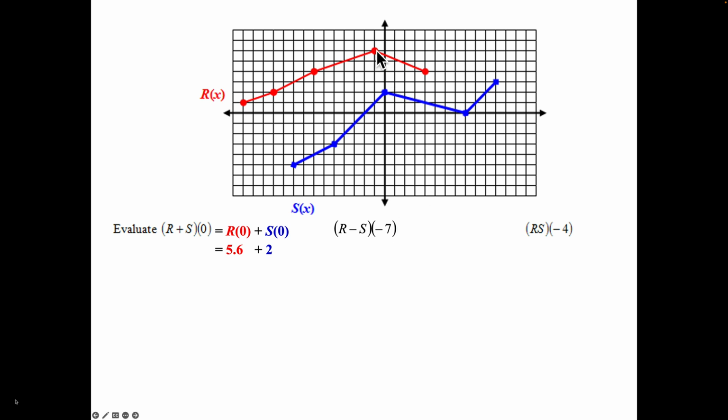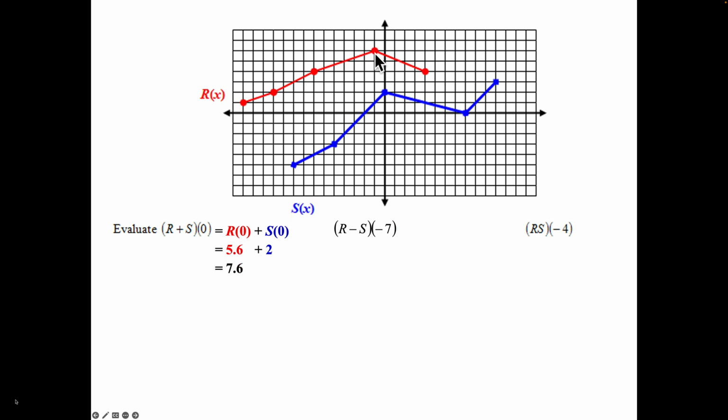So at this point right here at -1, I'm at 1, 2, 3, 4, 5, 6. So from 6, I go 1 square to the right. I have to go down 0.4. So 6 minus 0.4 is the 5.6.